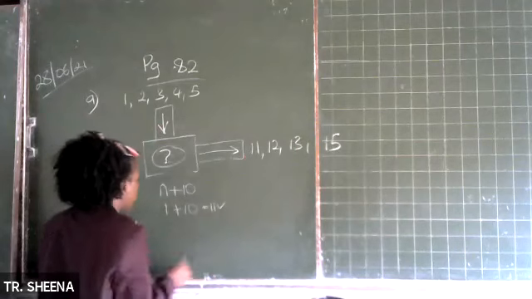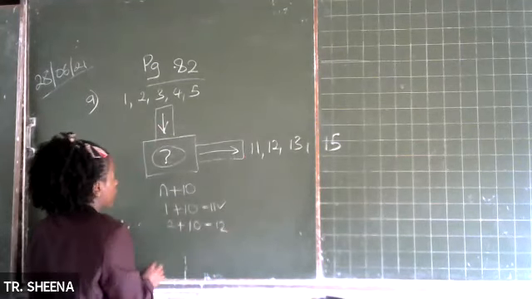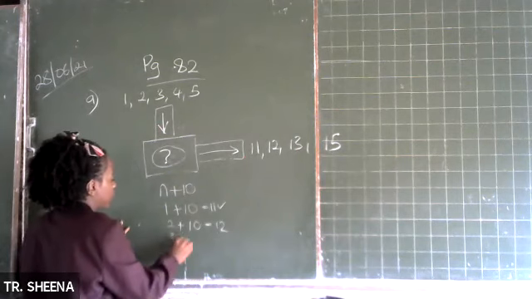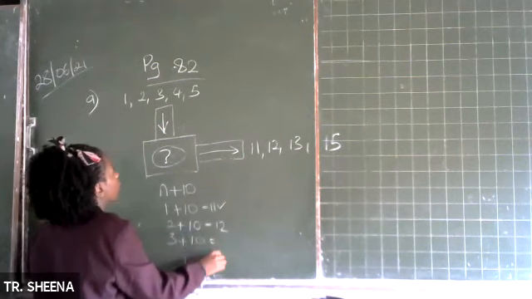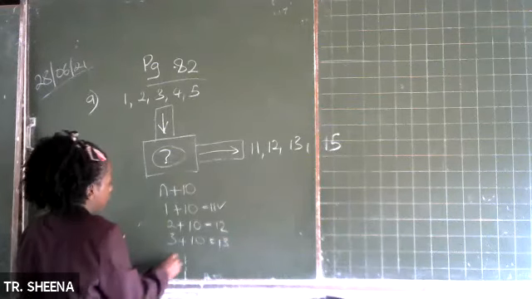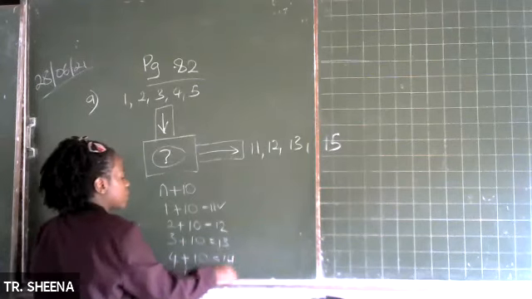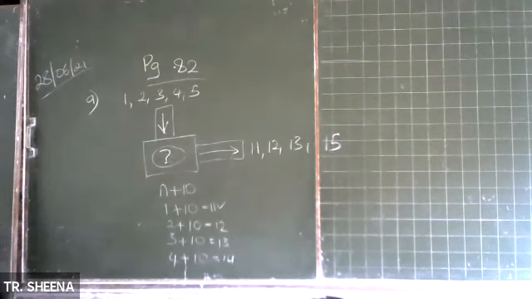So for the first term, it's okay. For the second term, it's also okay. For the third, it will be 3 plus 10. It's also okay, 13. Then for the fourth, it does not apply because when you add 4 to 10, you have 14. So maybe there is a possibility they missed out the 14.